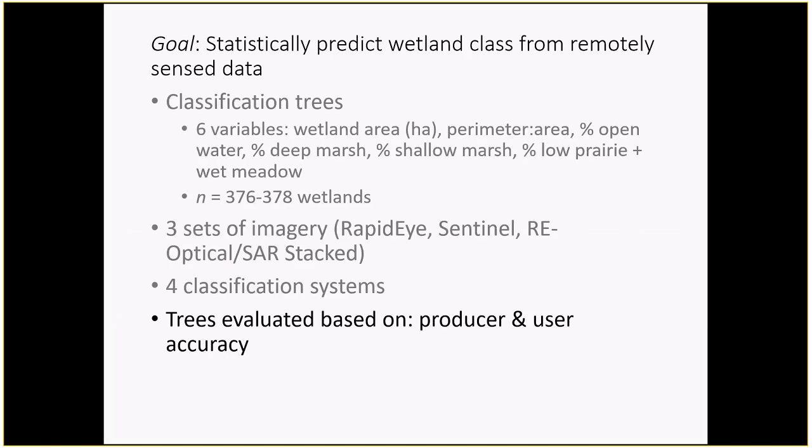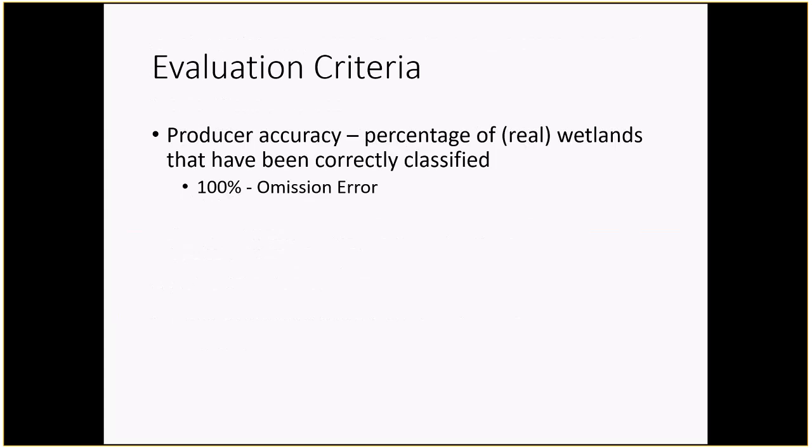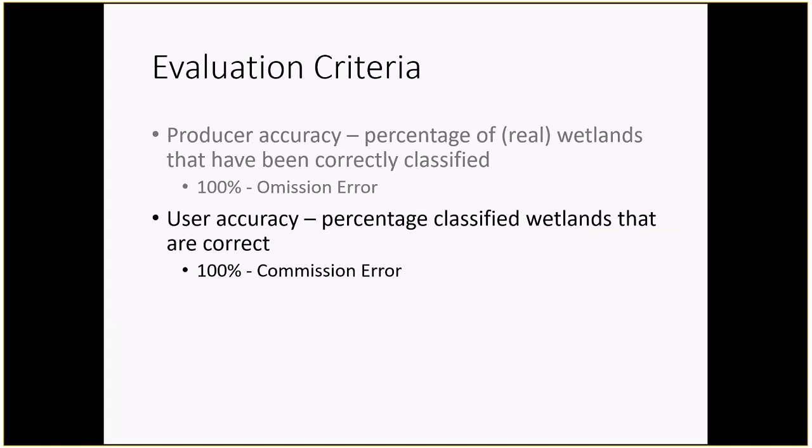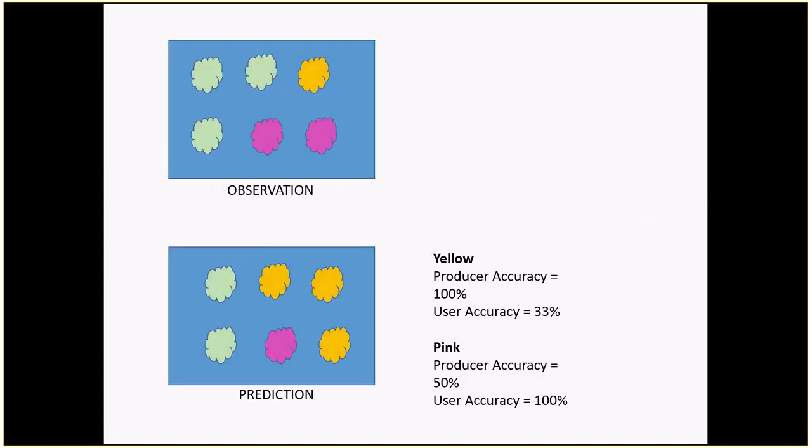And so what we used instead was producer and user accuracy. That's what we're going to rank these models based on. Producer accuracy is the percentage of wetlands that have been correctly classified, and it's equivalent to 100% minus omission error. User accuracy is the percent of classified wetlands that are correct and is equivalent to 100% minus commission error.